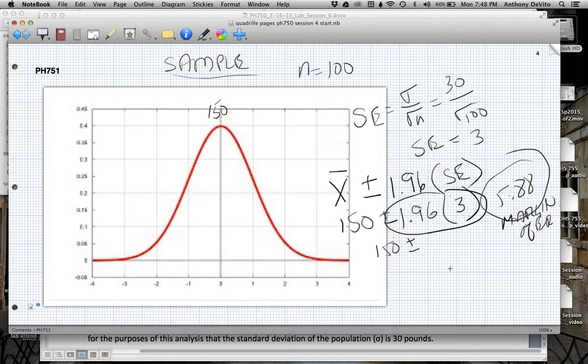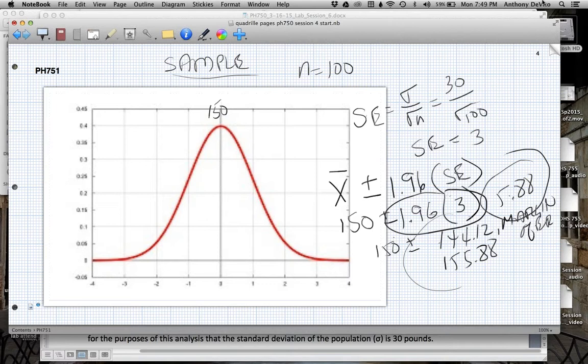So what does it come out to be? Well, the high end is pretty easy, 155.88, and the low end is going to be 144.12. I got that right? Okay, good. I can still do that. So our confidence interval is 144.12 to 155.88. Are we certain that our population mean is between those two? No, we're not.